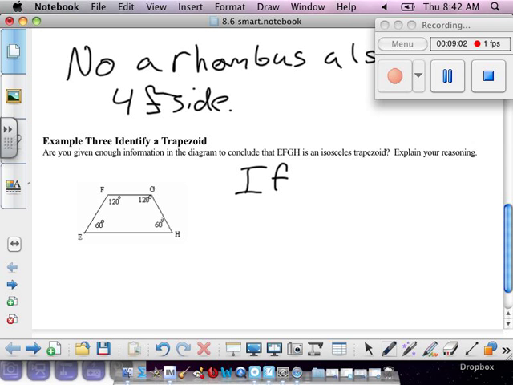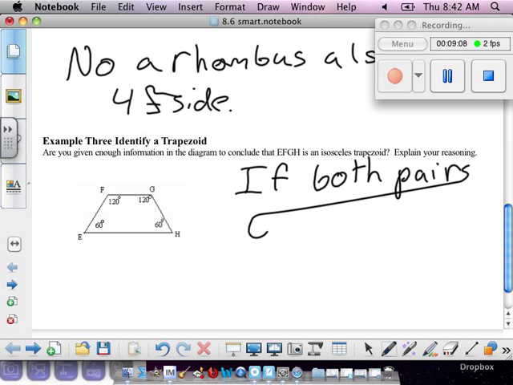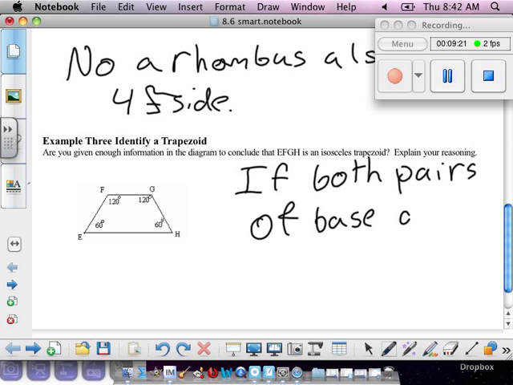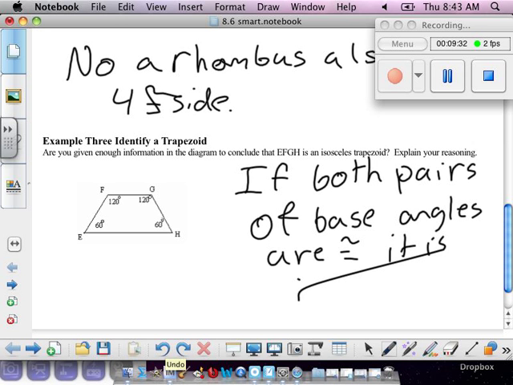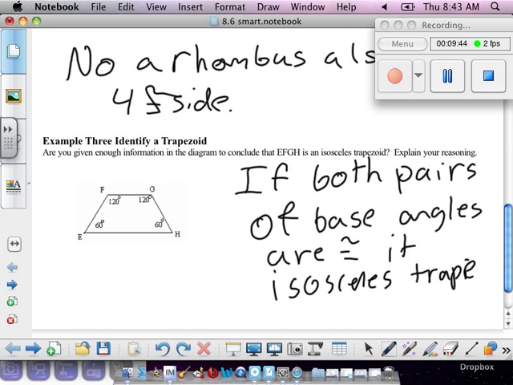If both pairs of base angles are congruent, it is an isosceles trapezoid.